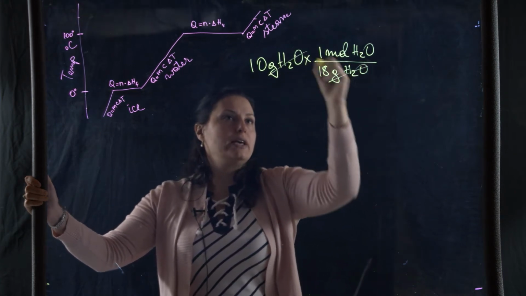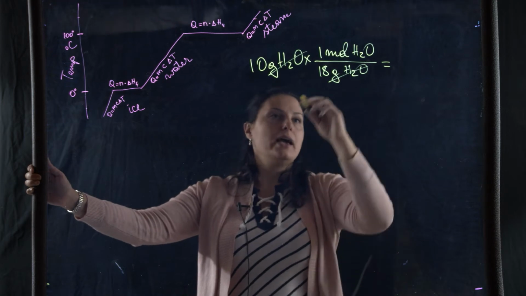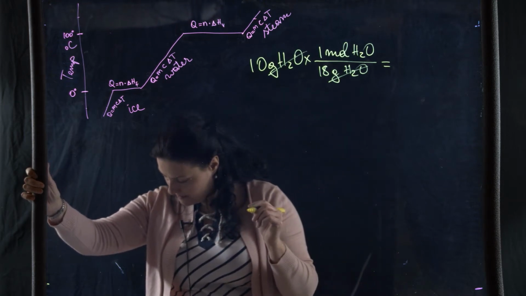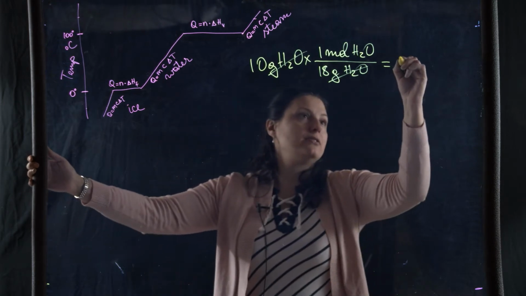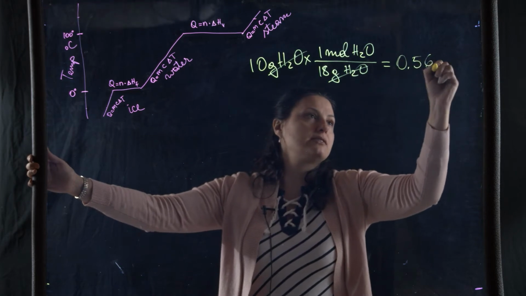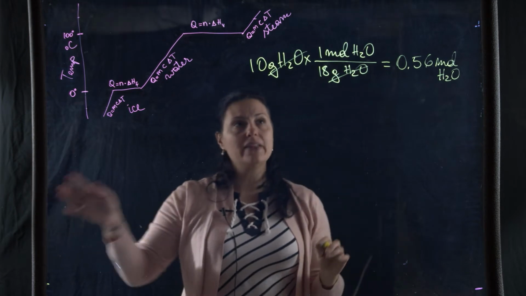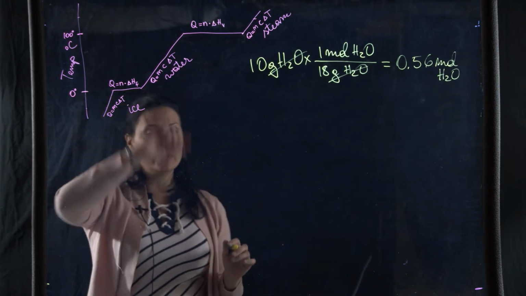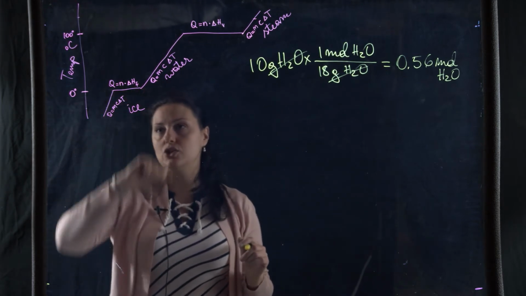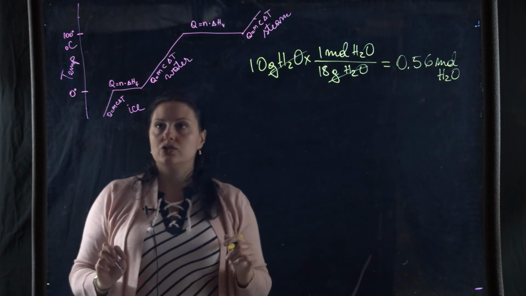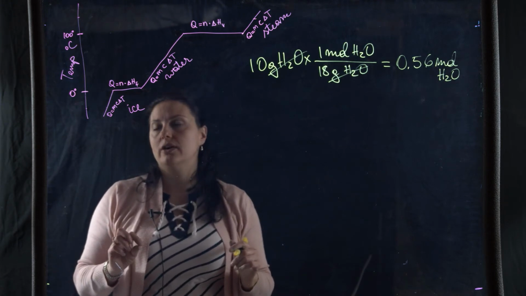My grams will cancel, and I will have 0.56 moles of water. Now that I have this, I can use Q equals MC delta T, and Q equals N times delta H of fusion.